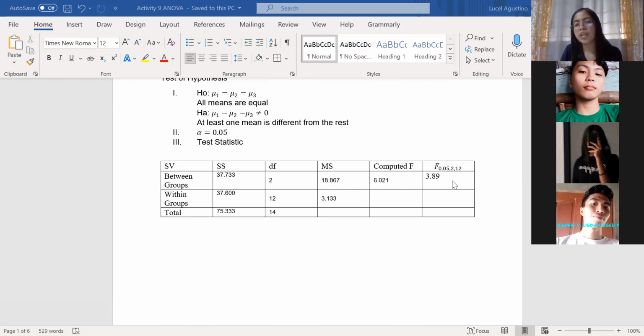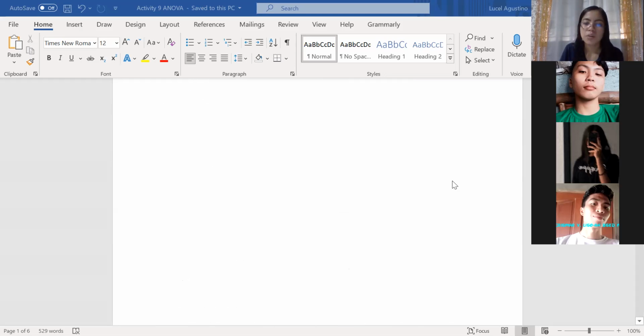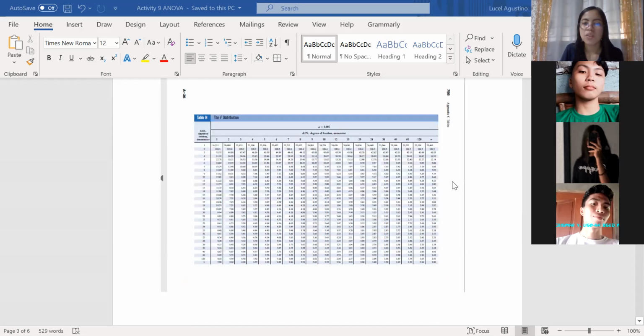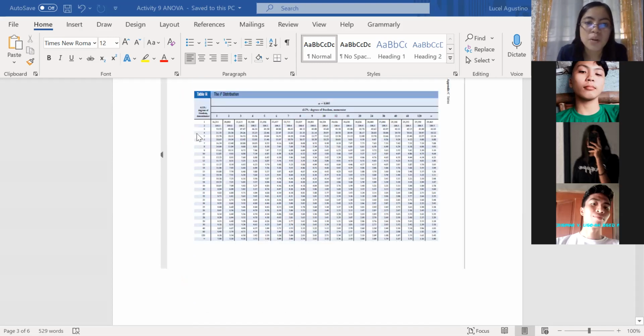So how can we find this 3.89 F tabular? In our table, there is a specified degrees of freedom numerator, that is your degrees of freedom between groups. In our textbook, it is in table H. And then the degrees of freedom denominator, that is degrees of freedom within groups or error, degrees of freedom error in some textbooks.